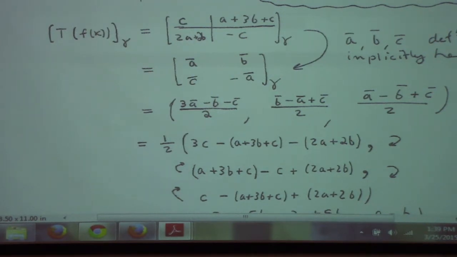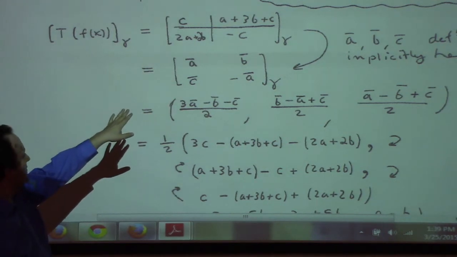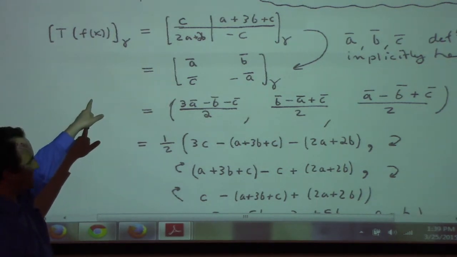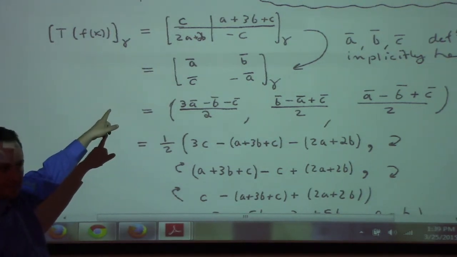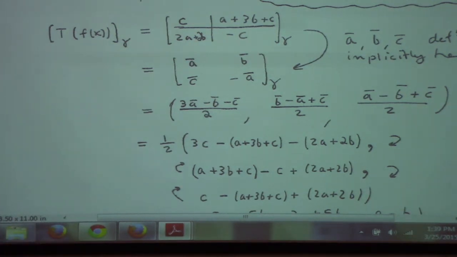Your image of f(x) is that matrix, right? But you need to figure out the coordinate vector of it with respect to the gamma basis. Because eventually you're going to want to find the matrix T beta gamma such that when you multiply by f(x) in beta, you get back T of f(x).